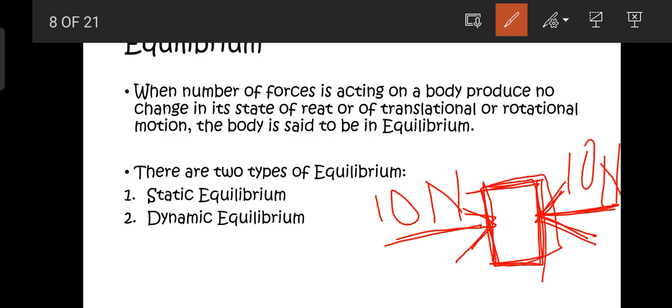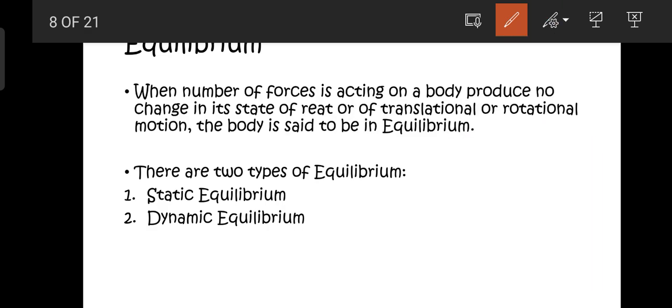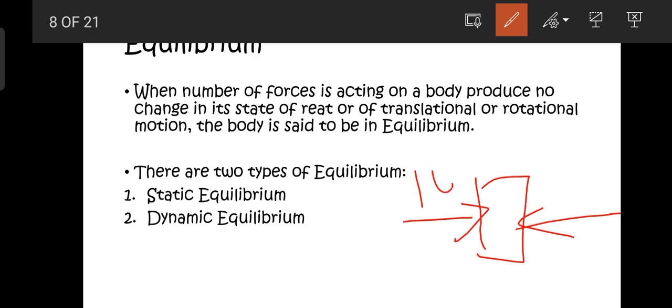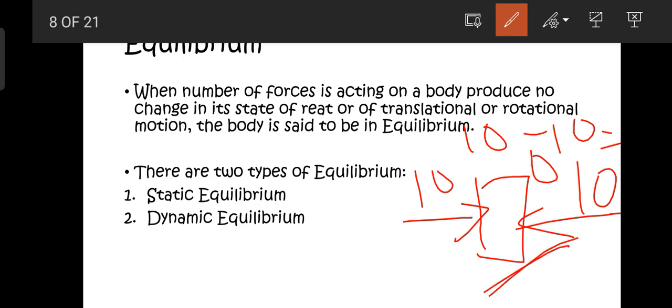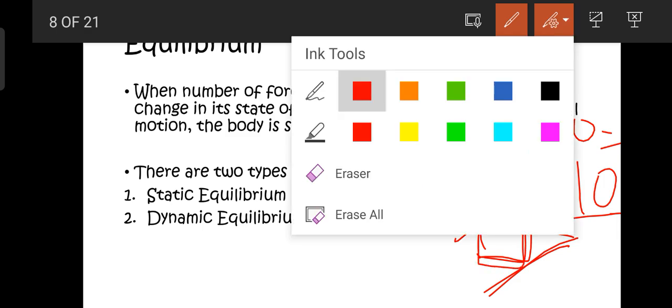The box will remain at rest because the net force will be zero. Here it is 10, here it is 10, so 10 minus 10 is 0. The net will be 0, so there will be no change, the box will not move.